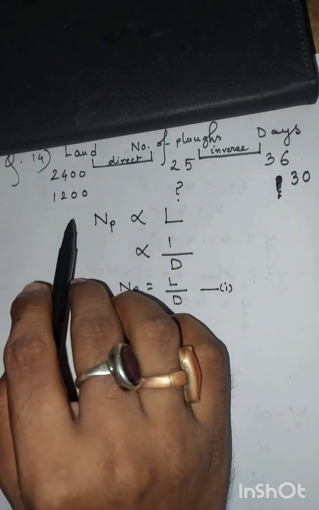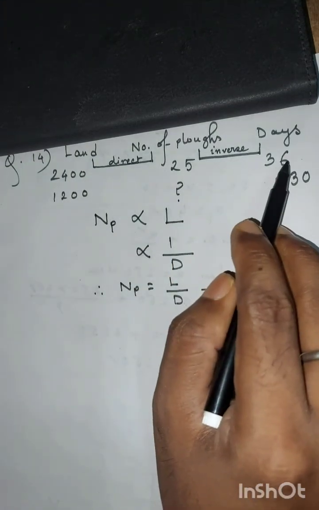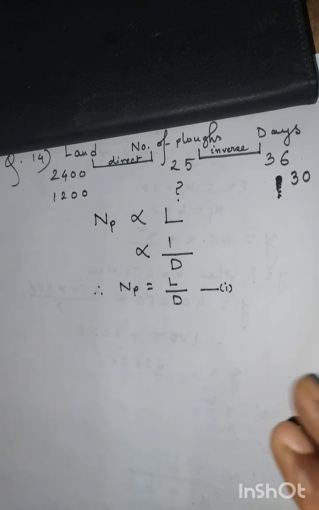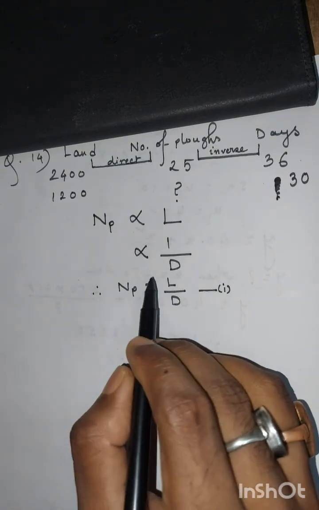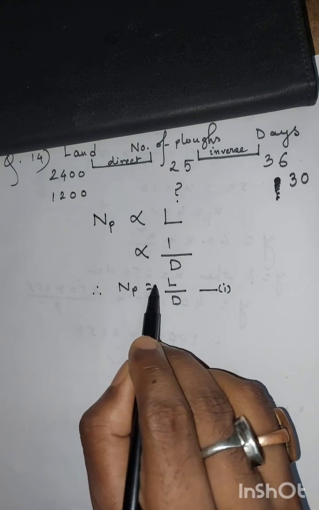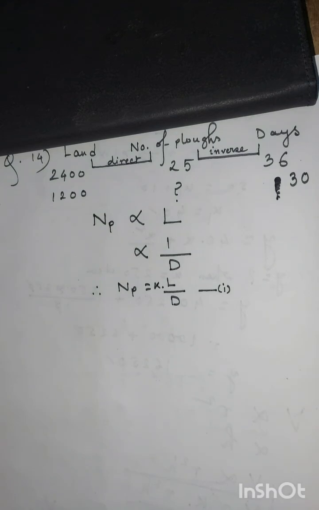If we put the first condition in equation 1, the variation constant k should be placed.